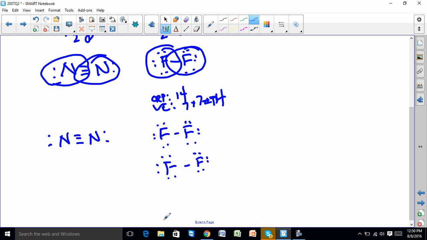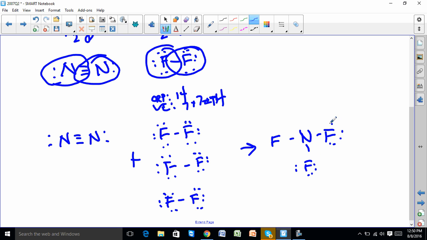And then they come together. So this bond breaks and these bonds break, and then it comes together and reforms like this. But there's 2 of those.